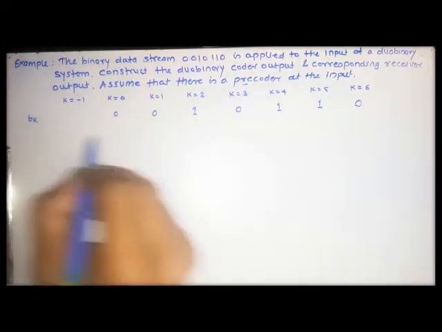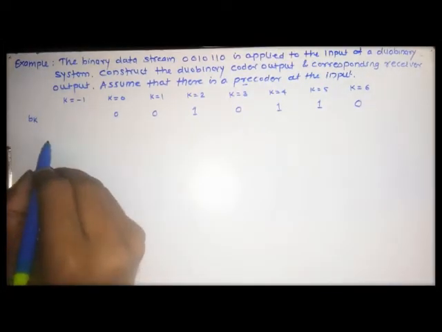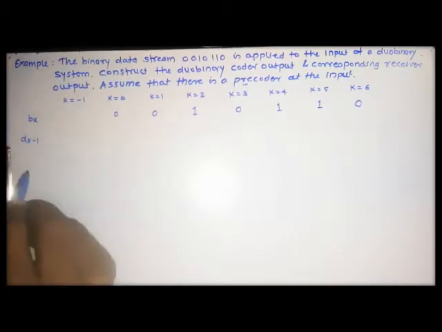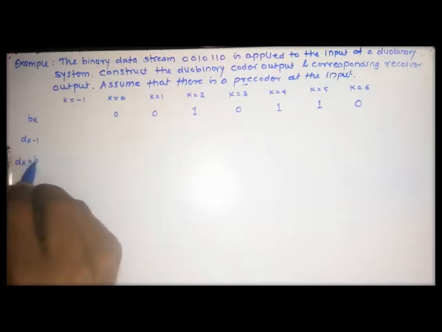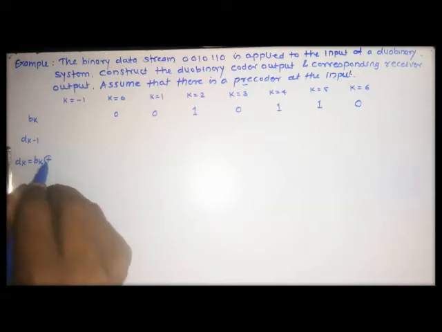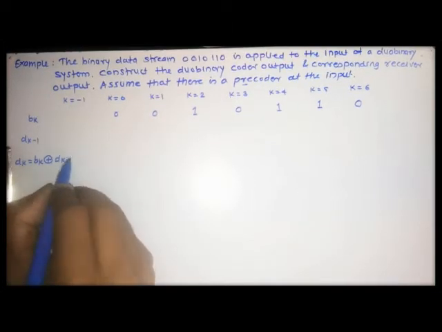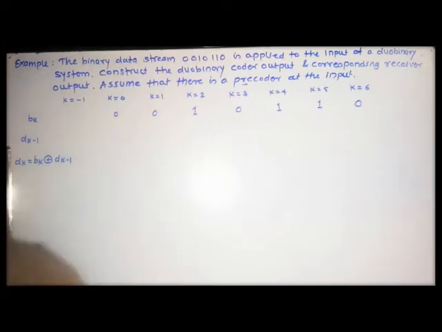Now we require a dk-1 sequence. Then we have to calculate dk as bk XOR with dk-1.